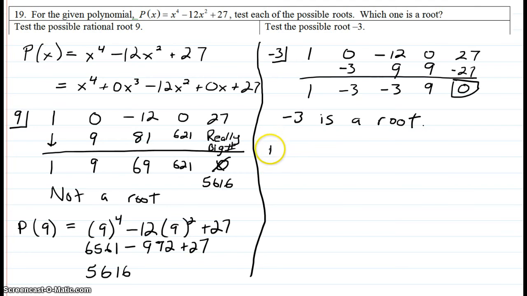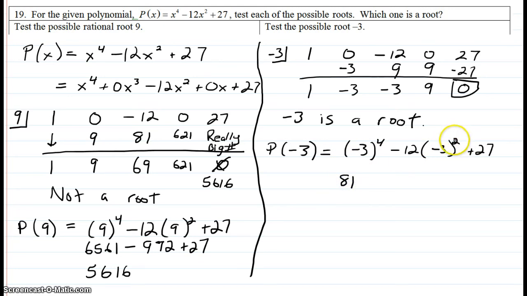So if you just wanted to take the -3 just for fun and substitute it into your function, let's work this out. So -3 to the 4th is 81, and it'll be positive. Negative 3 squared is 9. 9 times 12 is 108.